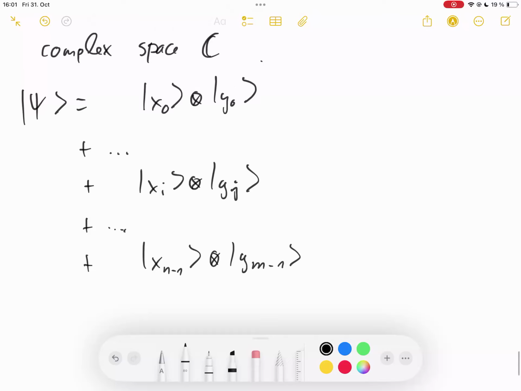So we start with the zeros, then indexes i and j up to n minus 1 and m minus 1. Are you all with me up to here? Maybe just confirm with a thumbs up or thumbs down if this makes sense, that we have generalized the basic states like this.